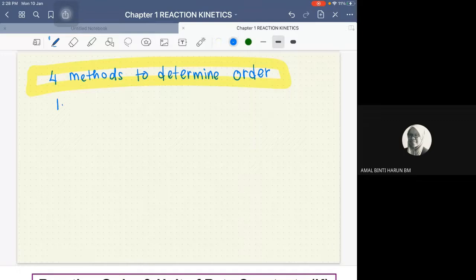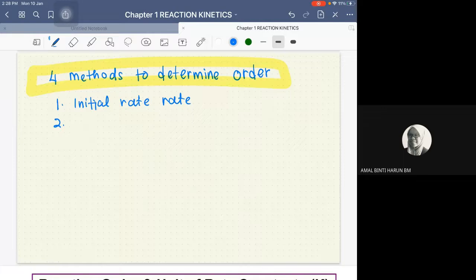Yang pertama, initial rate method. So initial rate method is the data that given from the experiment. So ini telah saya terangkan di dalam tutorial F4, P3 dan P4 tadi. Orang lain mungkin you boleh tengok nota lah. Yang dia bagi data eksperimental banyak-banyak tu.